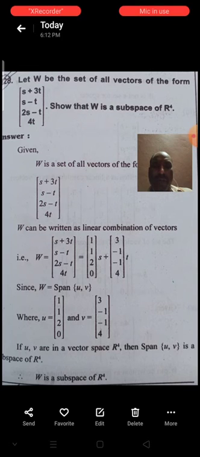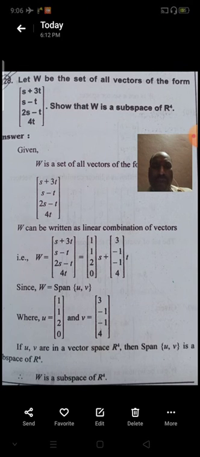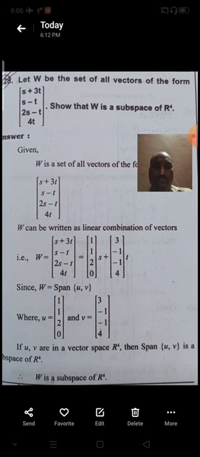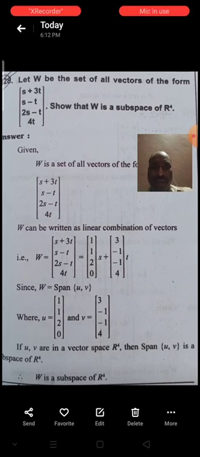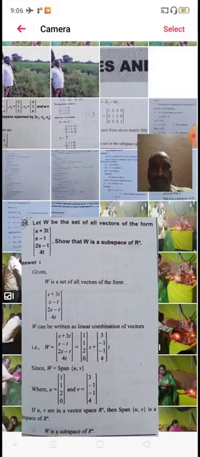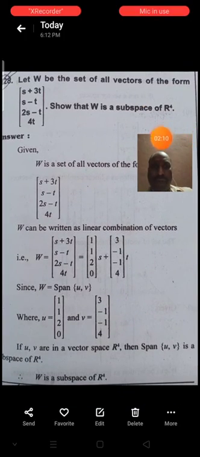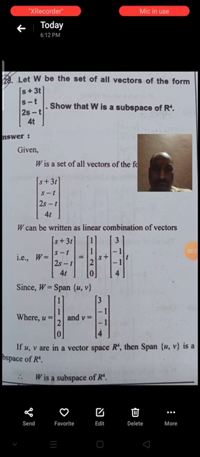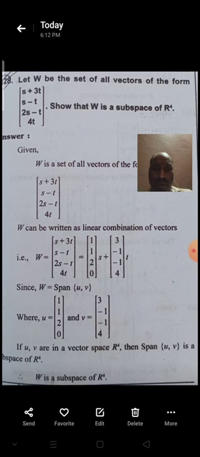Since W equals the span of u, v, where u equals the 4 by 1 matrix (1, 1, 2, 0) and v equals (3, minus 1, minus 1, 4).